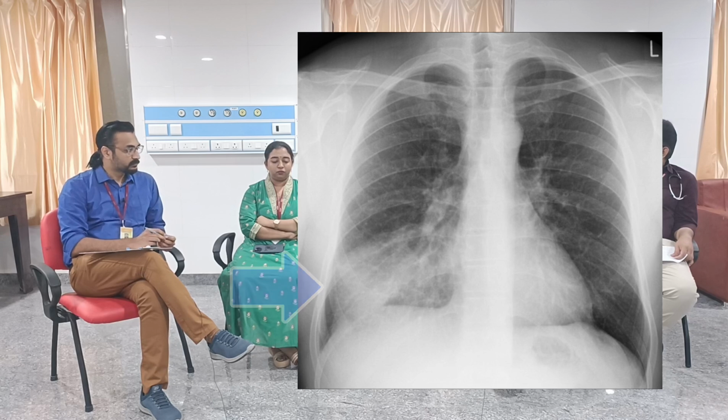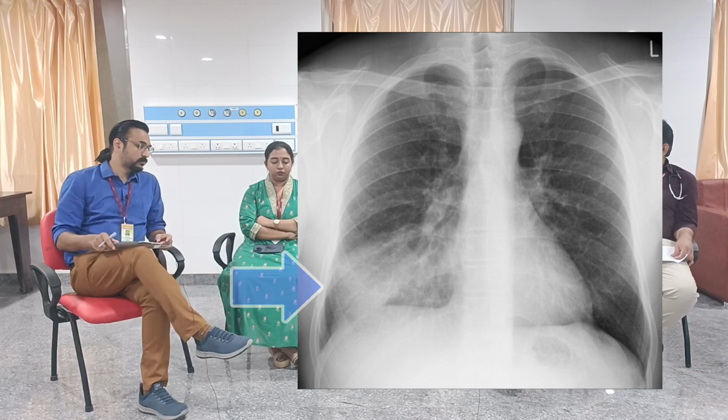So this is at the airspace level. When a whole lobe or a large segment of a lobe is involved, that is called lobar pneumonia. Mostly we see it with bacterial pneumonias like Strep or Haemophilus, or sometimes Staph aureus. And then we go by a few signs on X-ray to say that this is a consolidation or a pneumonic patch. One is this opacity.